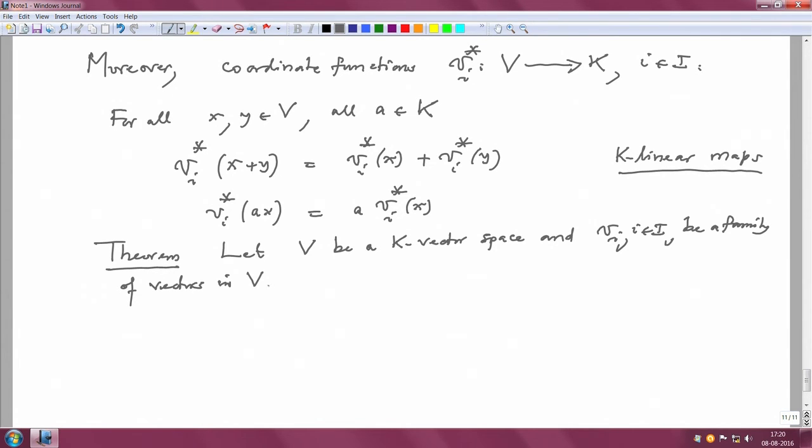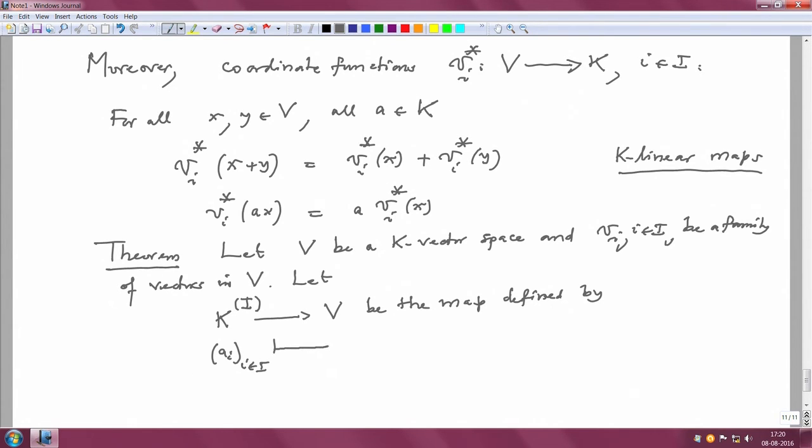So let F from K power (I), with round brackets, to V be the map defined by: any I-tuple here, which has only finitely many non-zero entries, maps to the combination sum of a_i v_i.